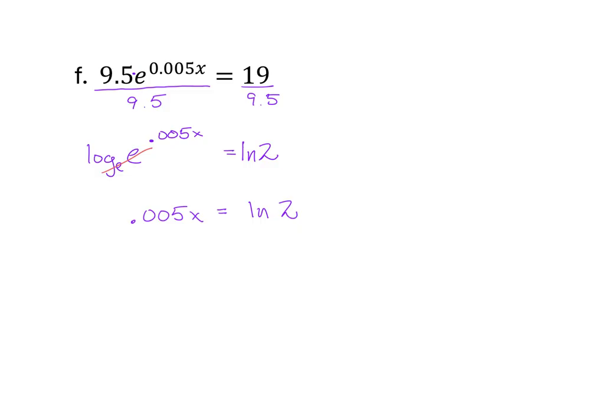We can then go ahead and divide by the coefficient. We want to divide by 0.005 to both sides. And what we get is 138.629.